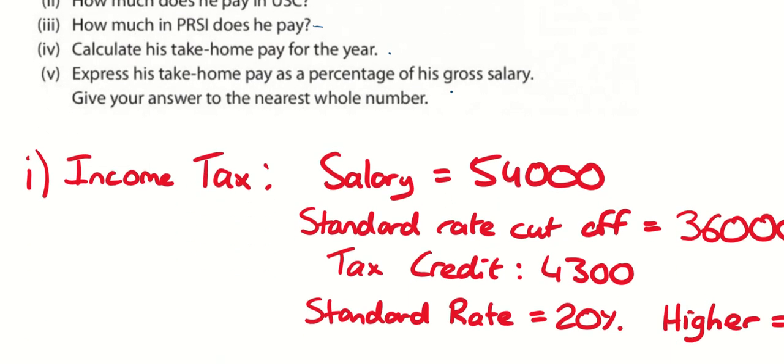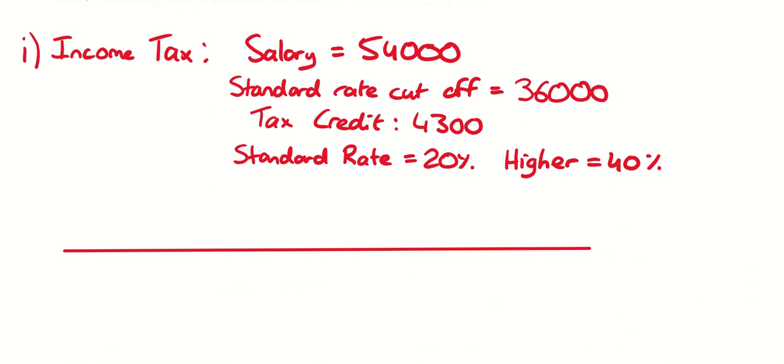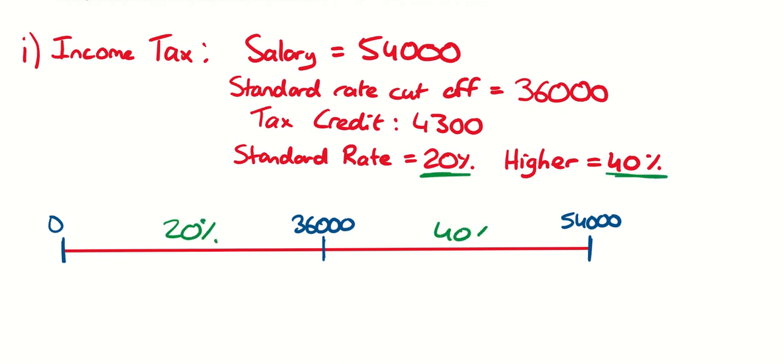Okay, so first of all, we need to calculate his income tax. So we're told that his salary is 54,000 and his standard rate cutoff is 36,000. So that means that he is paying his tax in two brackets. Okay, so 36,000 is his standard rate cutoff, and his total salary is 54,000, meaning he pays the first amount at 20%, that's the standard rate here, and then the higher rate of 40%.